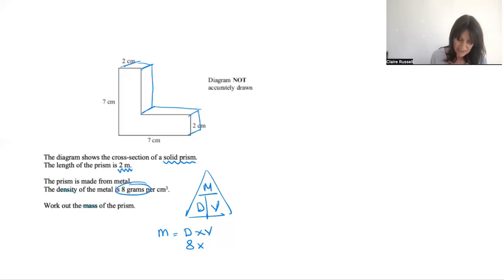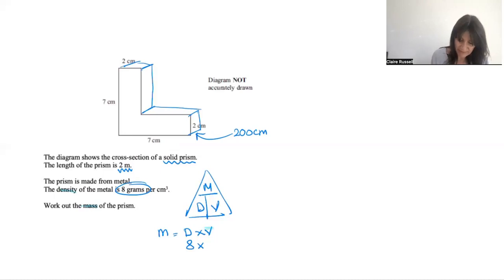Okay, the density of the metal is 8 grams per centimeters cubed. If density has used centimeters, then we have to use centimeters, which means that has to change. So what I've actually got here is 200 centimeters.